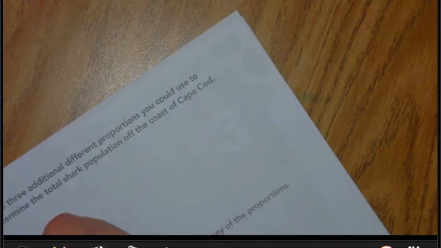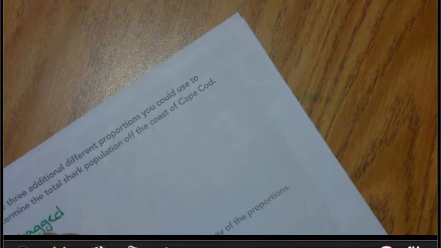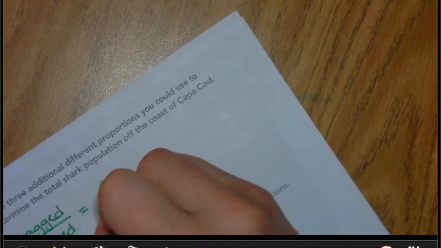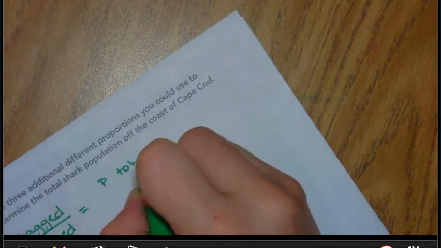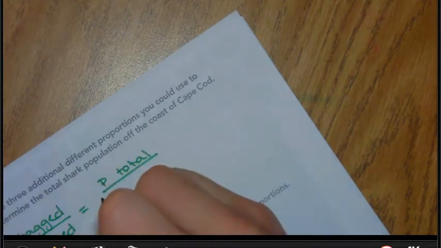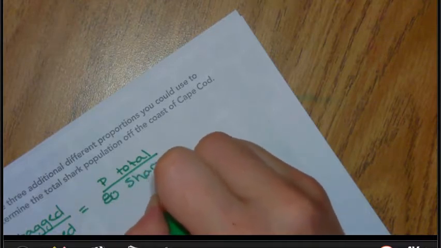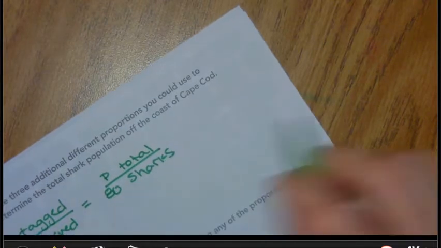We could say 24 tagged over 8 observed equals our P total over 80 sharks. So that's one way.